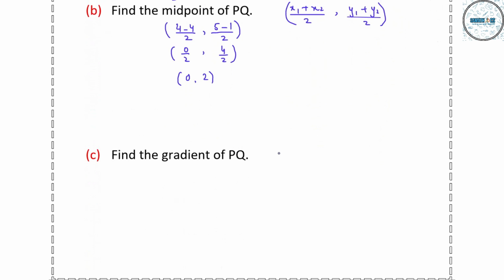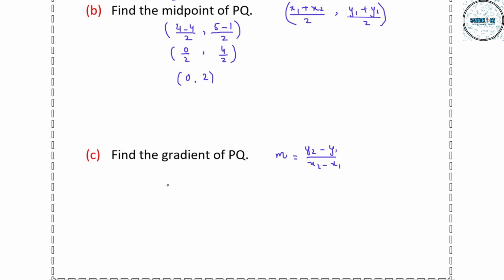Now we will do the gradient of PQ. The formula for taking out the gradient is (y2 minus y1) upon (x2 minus x1), and we denote it by m.